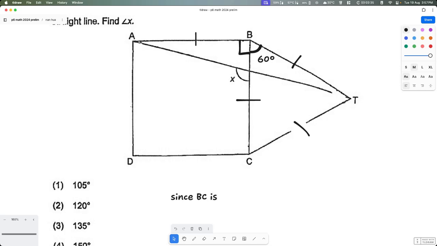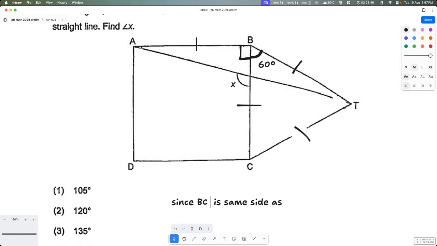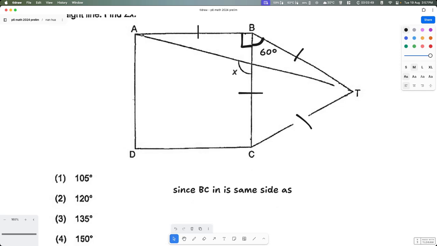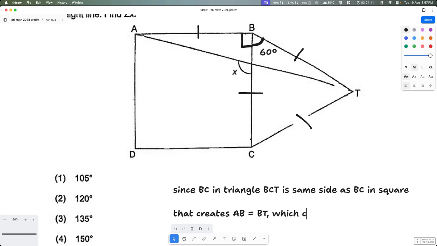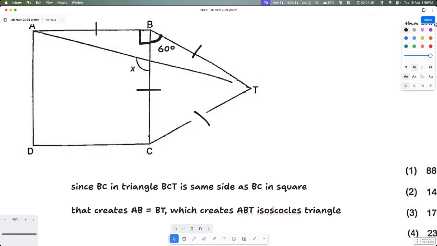Since BC in triangle BCT is the same side as BC in the square, that creates, let's say, B is equal to BT, which creates ABT isosceles triangle.